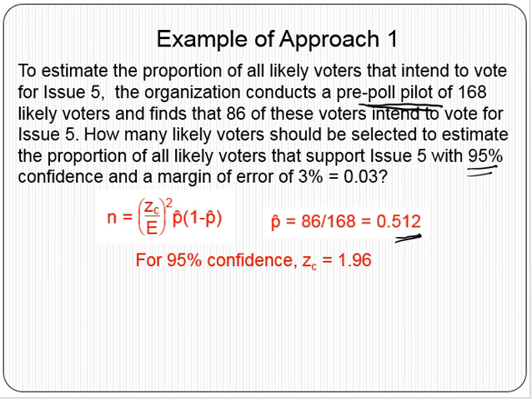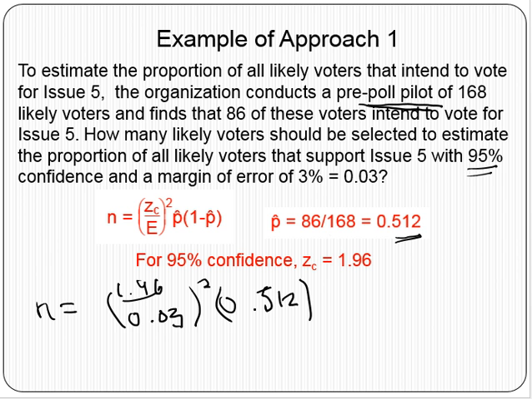So when we plug all that in, we would get n equals z confidence, which is 1.96, divided by the margin of error. You have to use the decimal form, so 0.03. We have to square that, times our p hat, which is 0.512, times 1 minus p hat, which is 1 minus 0.512.